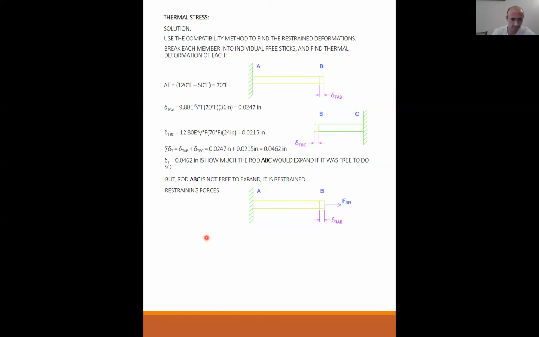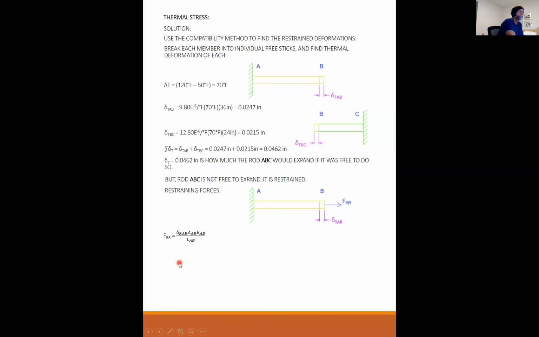Okay, but I want to be clear here that we have some induced force. We don't know what it is yet. And that induced force is going to try to compress member AB by delta RAB. But delta RAB is not equal to delta TAB. It's something different.